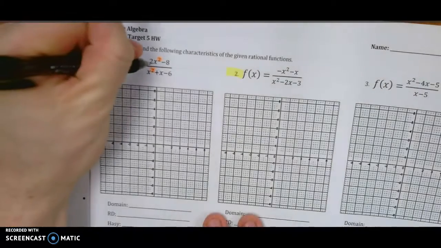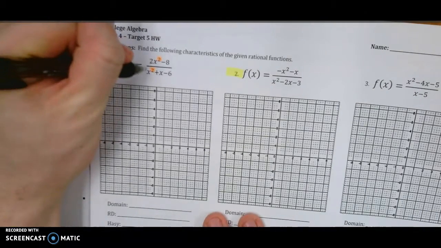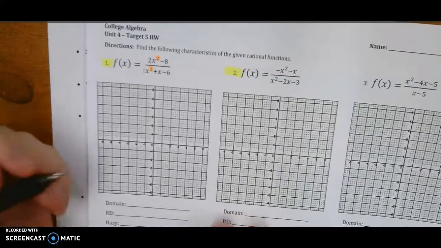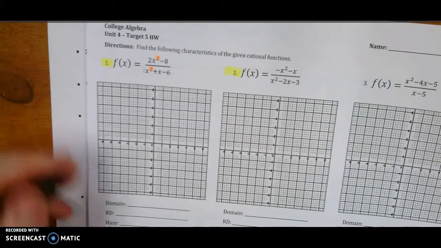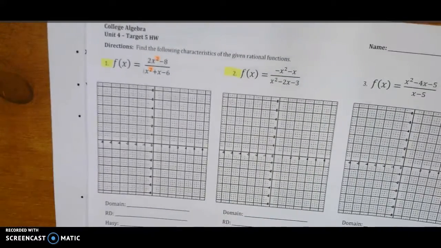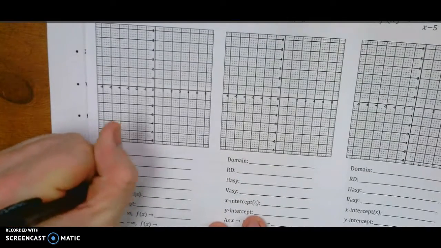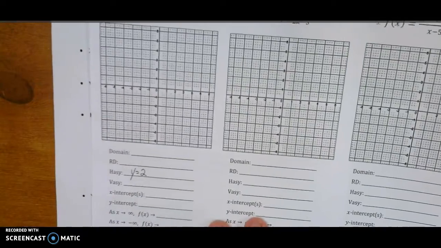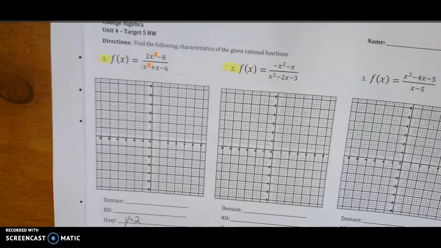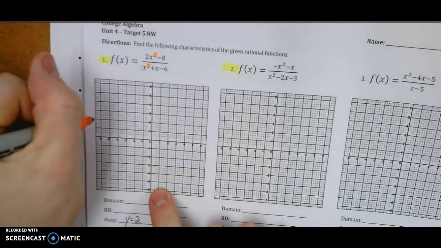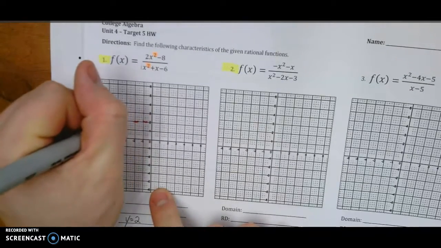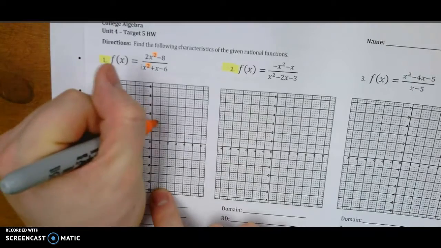So the leading coefficient is the number attached. Here it's 2 over 1, so 2 divided by 1 is just 2. So my horizontal asymptote, sometimes nicknamed the HA, is going to be y equals 2. I haven't even mathed anything out yet, and I've already figured out a piece of my puzzle. So I've got my horizontal asymptote at y equals 2.